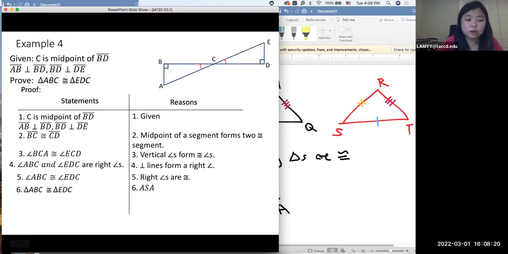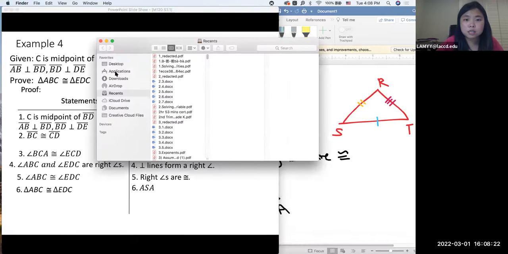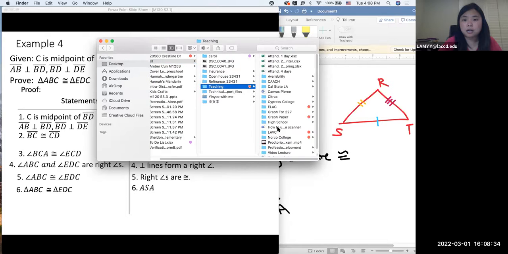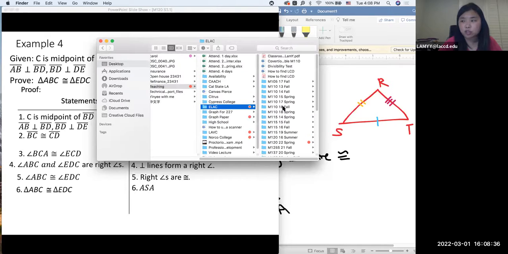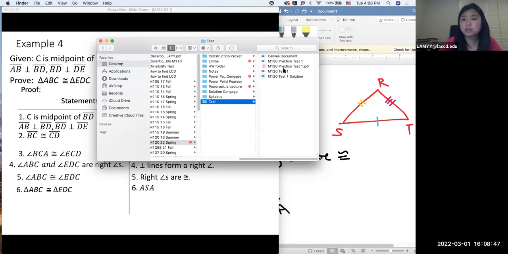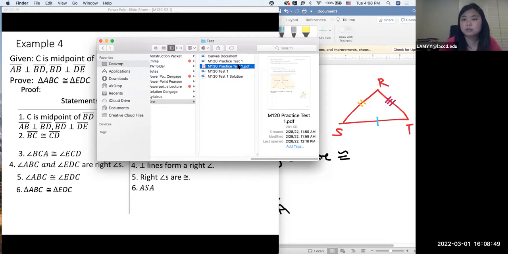And again, on Thursday we're going to finish section 3.1, and we'll try to work on section 3.2 a little bit, and then I will let you ask me questions about test 1. We will have test 1 on Tuesday, in class. So I give you the practice test.